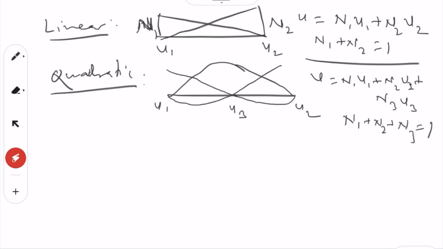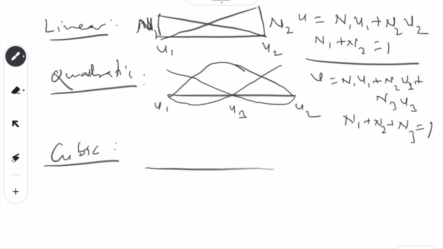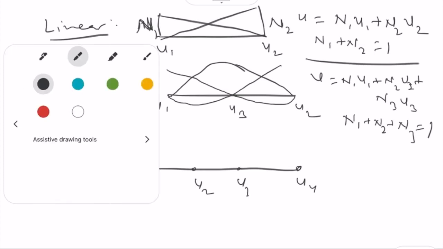Okay. So, similarly for other kinds, let us say you want to make a cubic interpolation function, then you know that you need 4 nodes, right. So, you will say u1, u2, u3, u4, and how will the curve change? Well, you can guess now.